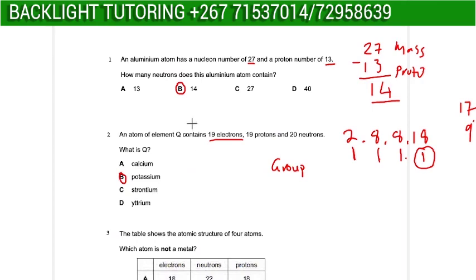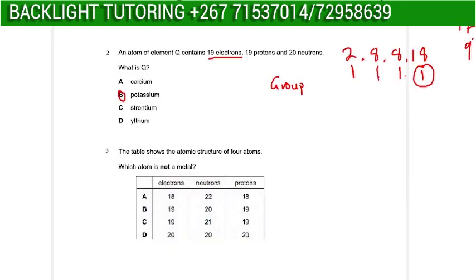Let's go for question 3. Question 3 says the table shows the atomic structure of 4 atoms. Which atom is not a metal? So we're going to look at a chemical property again here. When we look at A, remember the electron configuration.